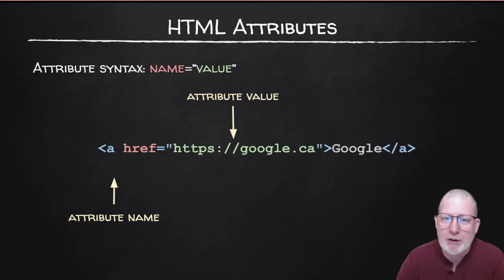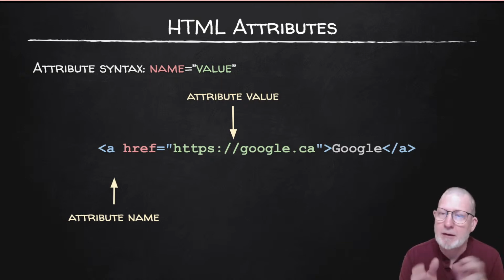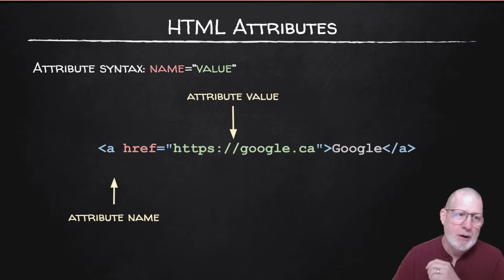In this case, I'm going to google.ca or google.com. And be aware that there's no spaces between the attribute name and the value, and that the value always goes inside double quotes.